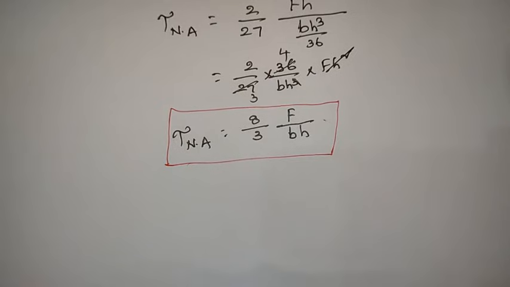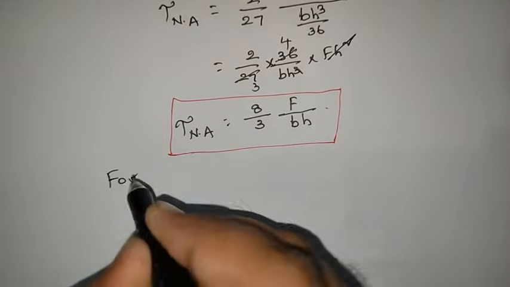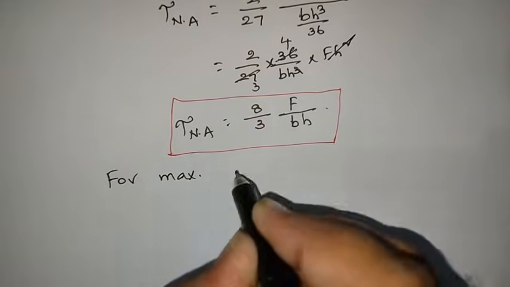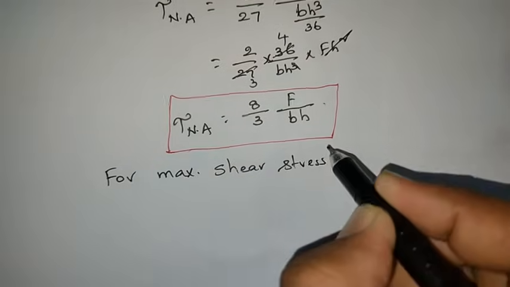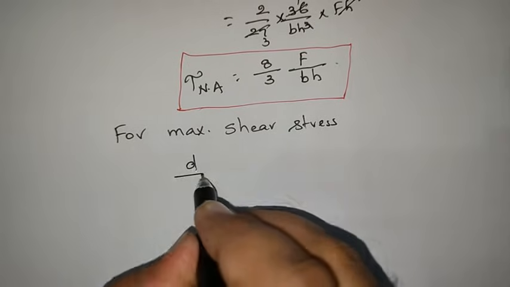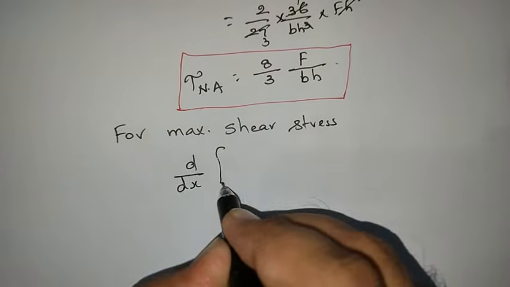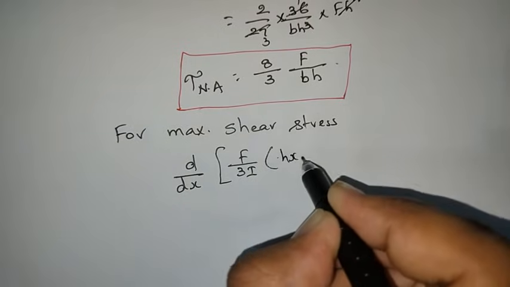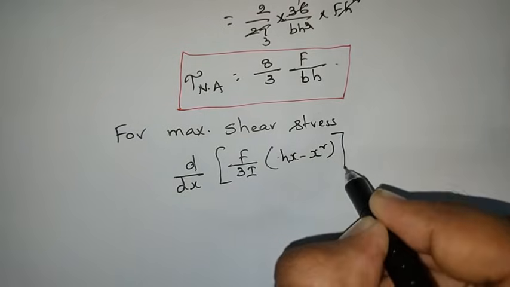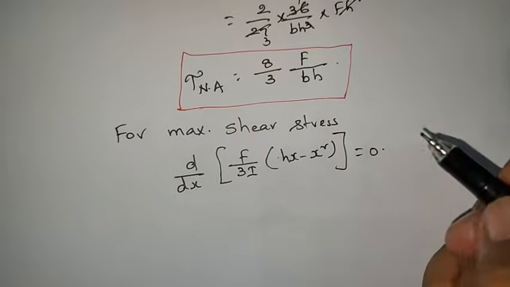So for maximum shear stress, do the differentiation d by dx of F by 3I into (hx minus x square) equals 0.